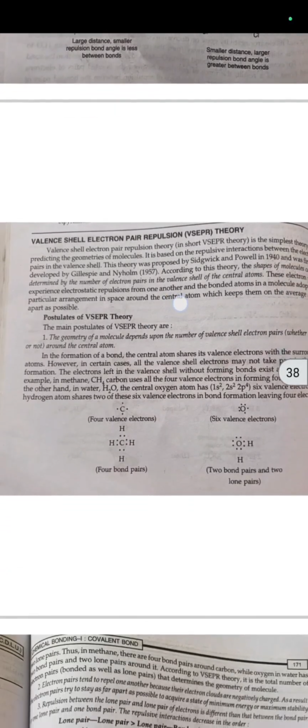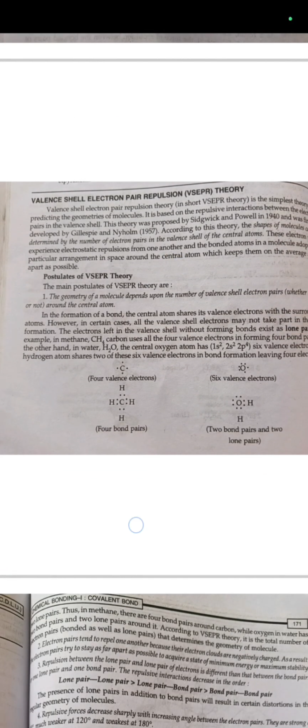Valence shell electron pair repulsion theory, which is also known as VSEPR theory. Valence shell electron pair repulsion theory is the simplest theory for predicting the geometries of molecules. It is based on the repulsive interaction between the electron pairs in the valence shell. This theory was proposed by Sidgwick and Powell in 1940 and was finally developed by Gillespie and Nyholm.